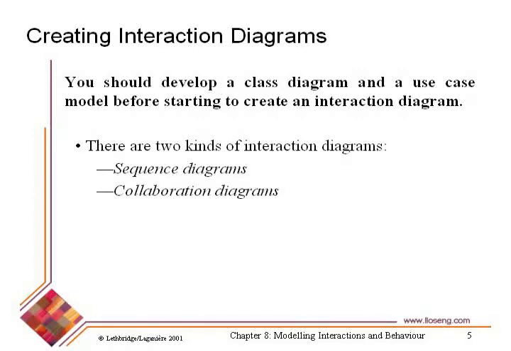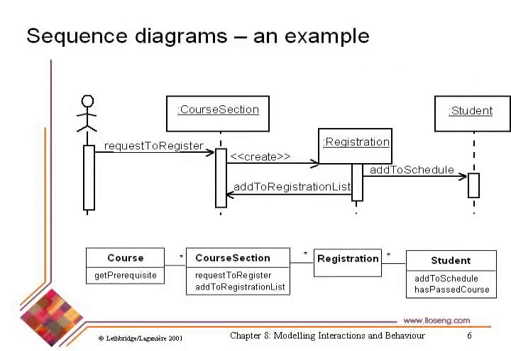So on chapter 6, on page 6, at the bottom, you're seeing a class diagram. Okay, course section, registration, course section being the association class, and students. Okay, so the registration, sorry, I correct myself there. Registration is the association class between course section and student, and then we have an abstraction occurrence between course and course section.